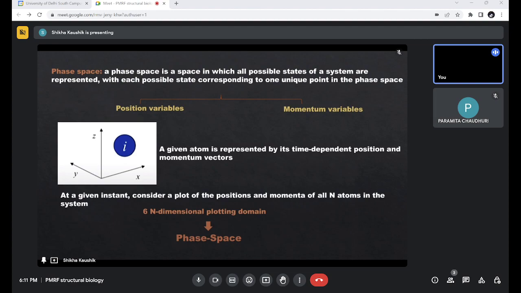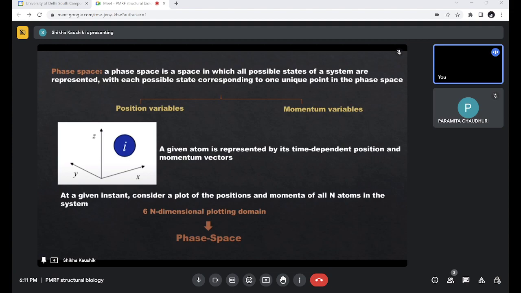And the phase space is another aspect of understanding, or mimicking, a particular system. It is a space in which the possible states of a system are represented, with each possible state corresponding to one unique point in the phase space.